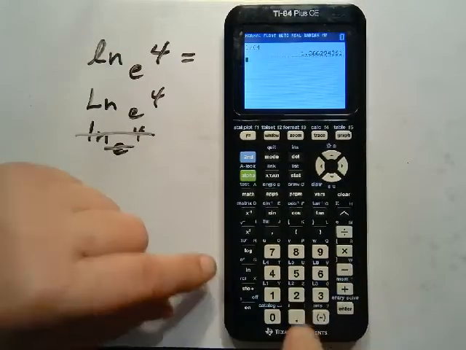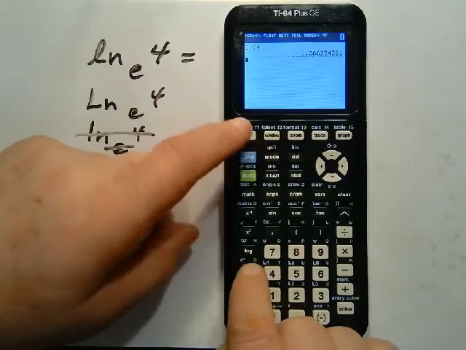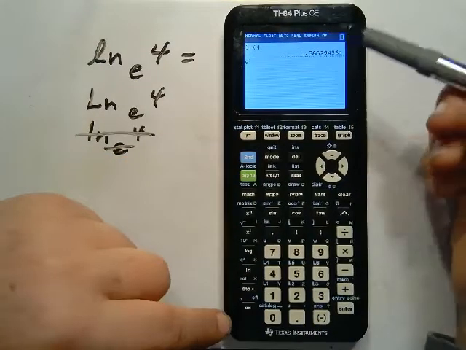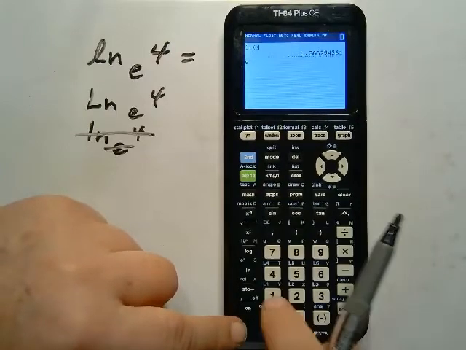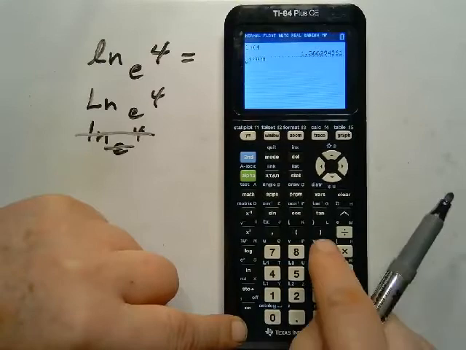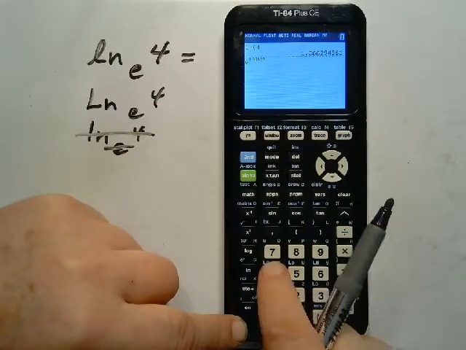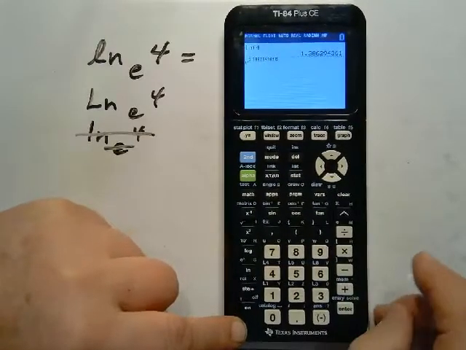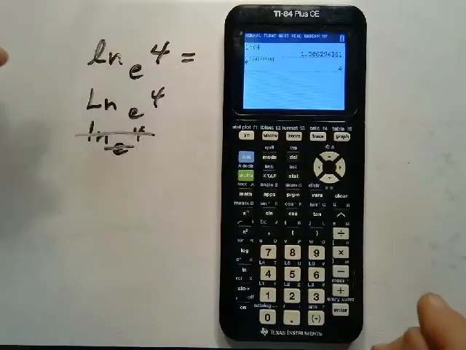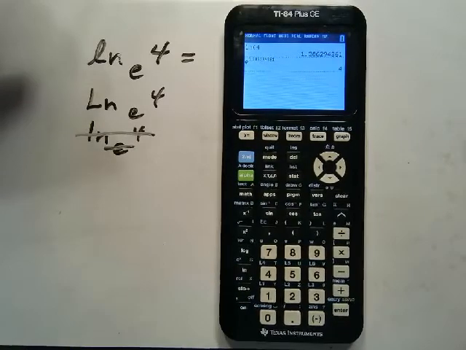Let's just prove that. I'm going to use this E to the X key and put in this exponent, 1.386294361. Put that in there, and my answer ought to be real close to 4. And it is. It probably rounded it off a little bit.